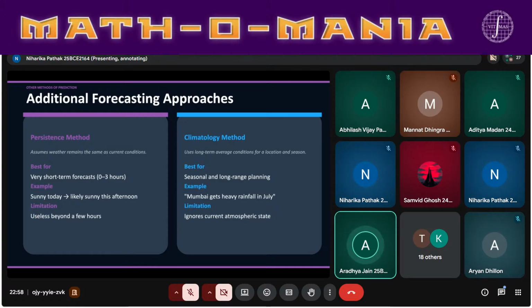Like, in today itself, we will say, okay, at 3 p.m. the weather looks like this, so at 4 p.m. it must also look like this. Now, that is such a huge assumption, because of course it's not going to be the same. So that's why it's useless beyond a few hours, because it will obviously differ a lot from the previous ones.